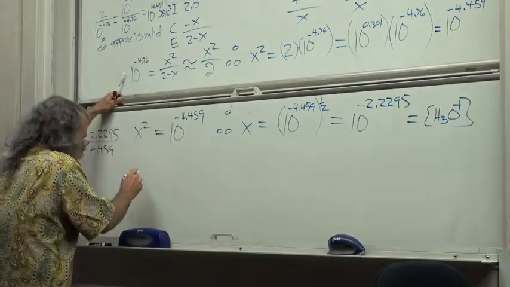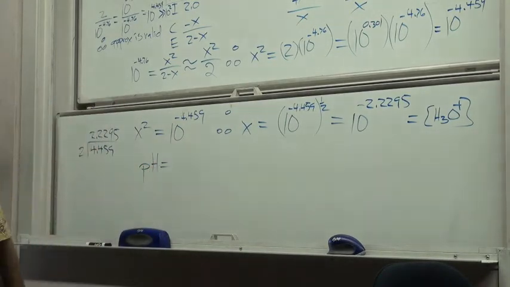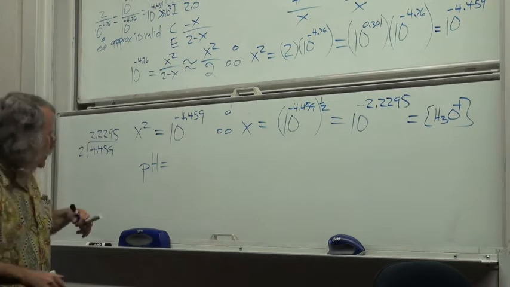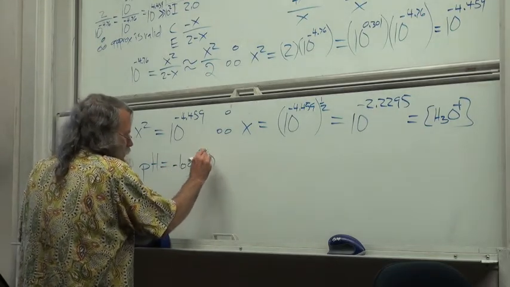Okay? And therefore pH, what's the P of anything equal to? Negative log base 10. pH equals negative log base 10 of 10 to the minus 2.2295.